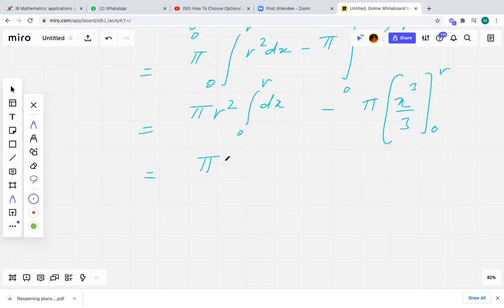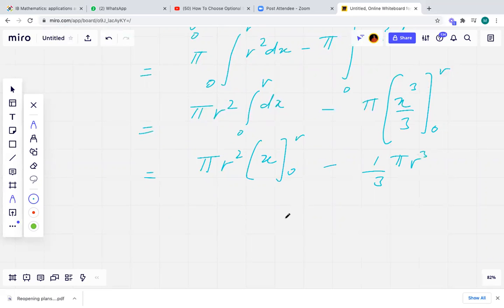So last thing we said, x between 0 to r. And this is 1 upon 3 pi x cube, pi r cube. Correct? You'll put x equal to r.